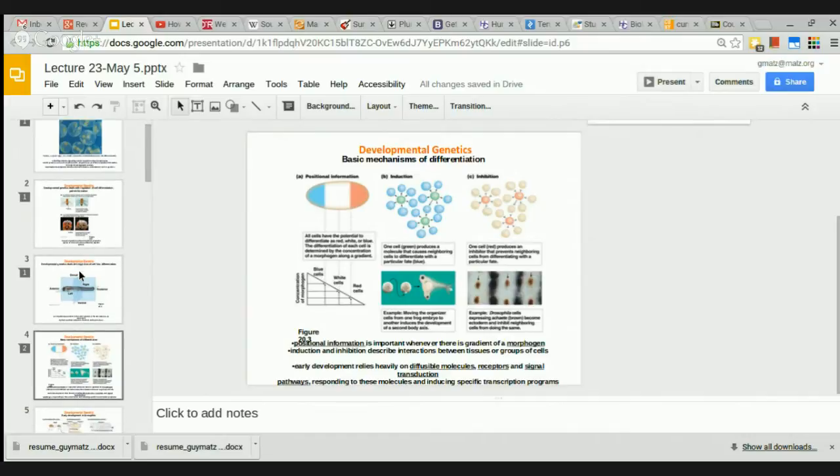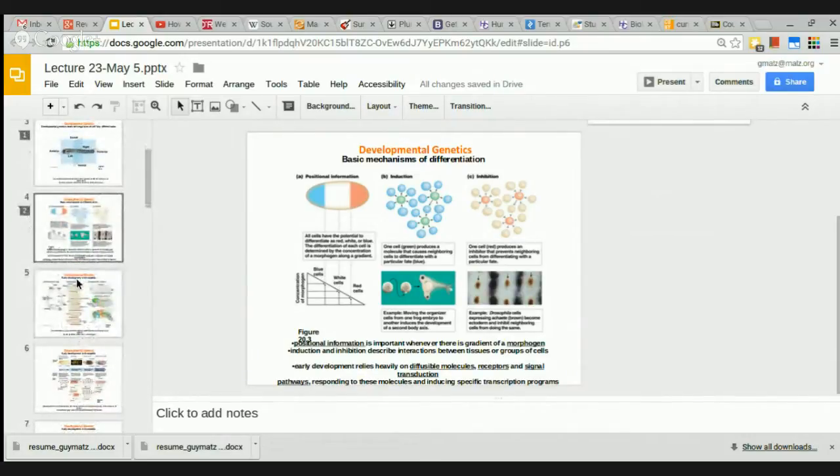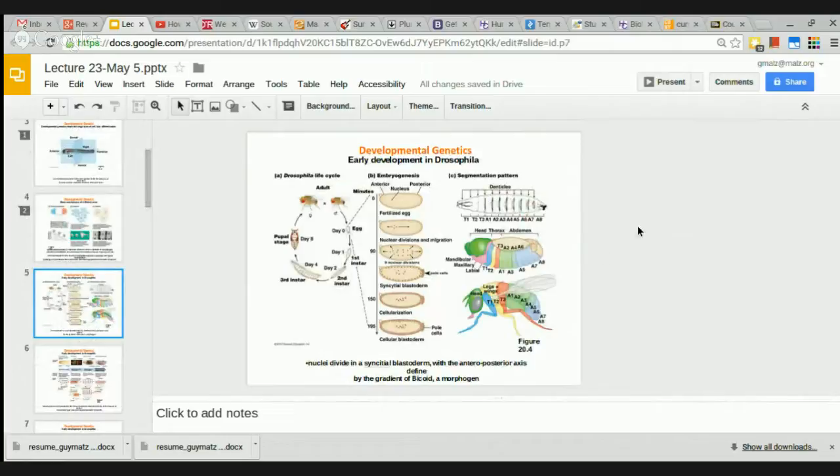So this is important to remember, this set of drawings in the middle, and I think I insisted on this notion of syncytium, and the general architecture of the larva and of the adult fly. It's an 8-3-3 plan: 8 abdominal segments, 3 thoracic segments, and 3 head segments.